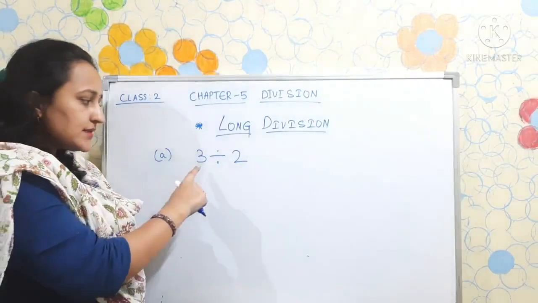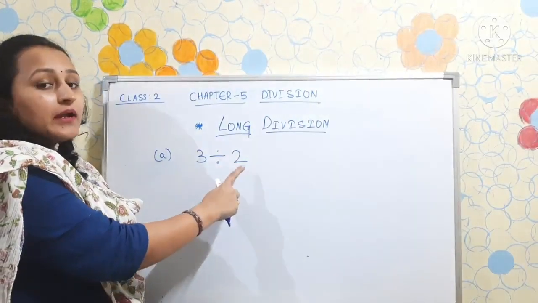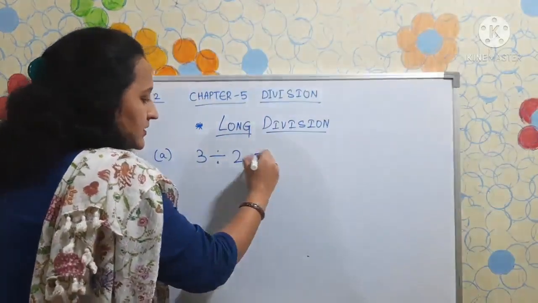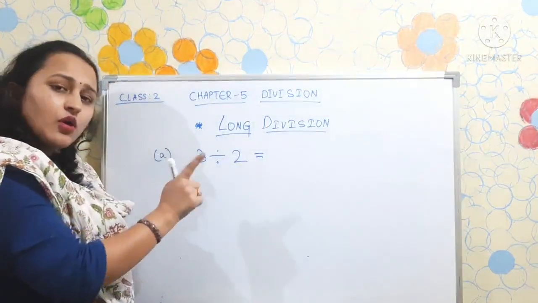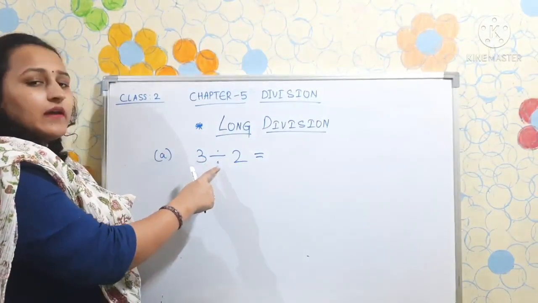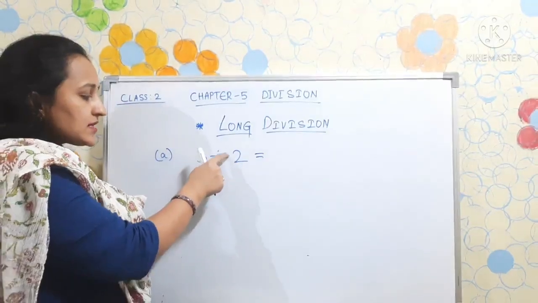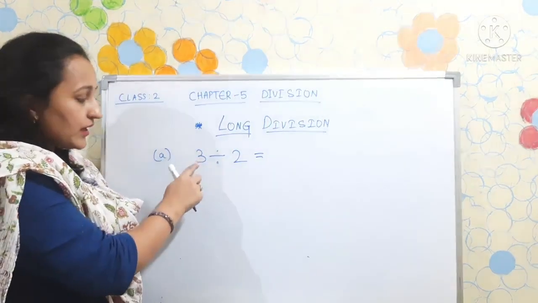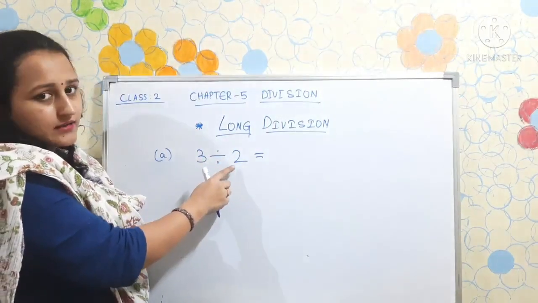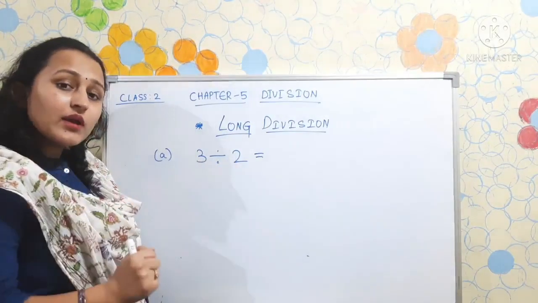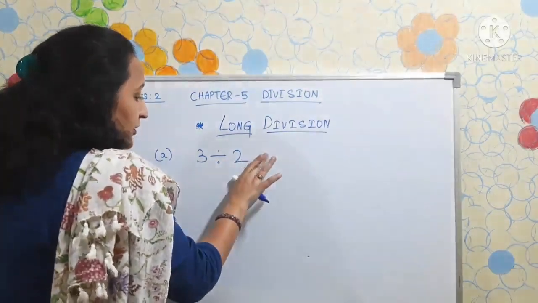Here the question is 3 divided by 2. We know how to read it: whenever this symbol is there, we read it as 3 divided by 2. Then how are we going to write it?